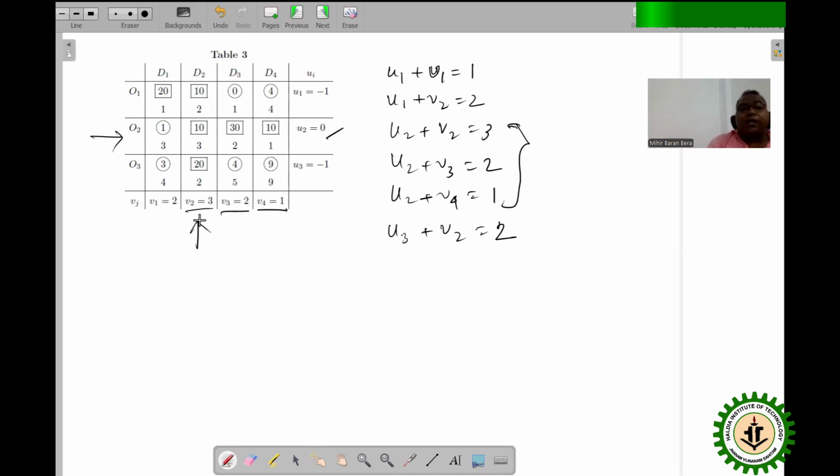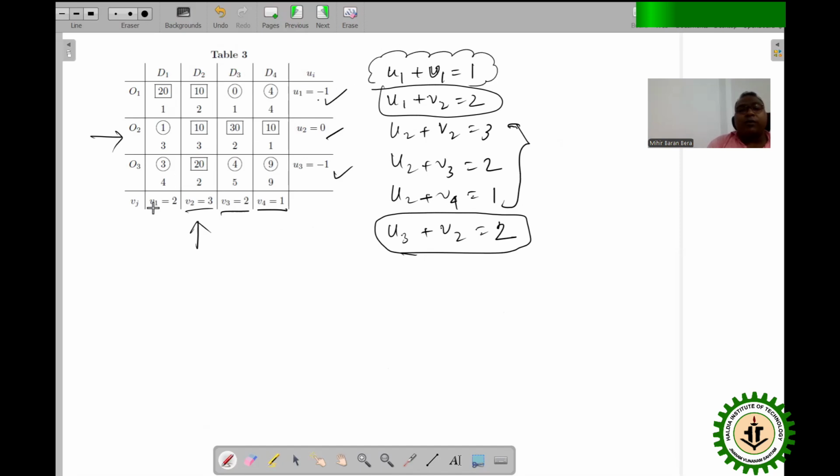Next, as you have already found V4, V3, V2, using this relation you are getting U3. As you find V2, using this relation you are able to find U1. And as you are able to find U1, then using this relation you are able to find the rest. So V1, V2, V3, V4, U1, U2, U3 have all been found.